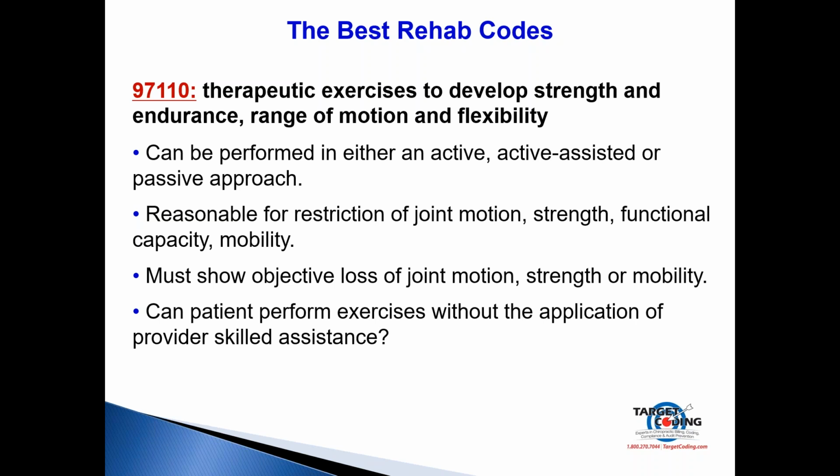97110 is a therapeutic procedure, specifically therapeutic exercises used to develop strength, endurance, range of motion, and flexibility. There's an acronym you might want to write down: SERF, S-E-R-F. S stands for strength, E for endurance, R for range of motion, and F for flexibility.